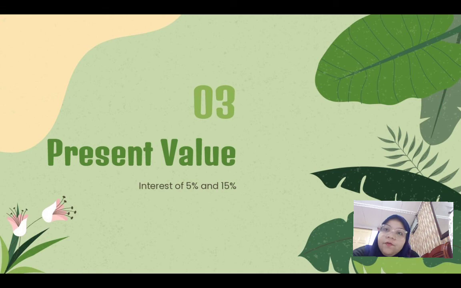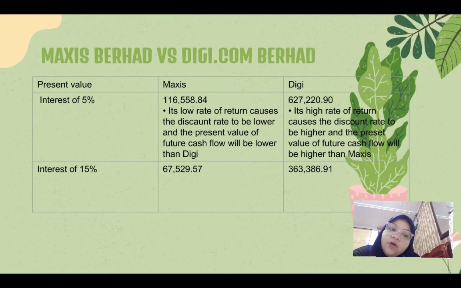Present value for 5%, Maxis got a value of 116,558.84, while DiGi got a value of 627,220.90. This shows future cash flows are discounted at a discount rate, and the higher the discount rate, the lower the current value of future cash flows.